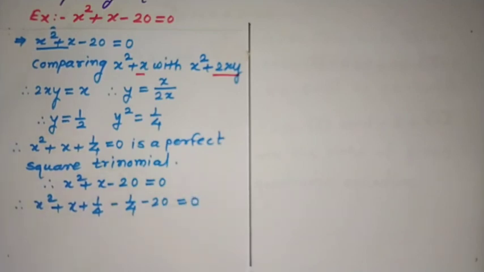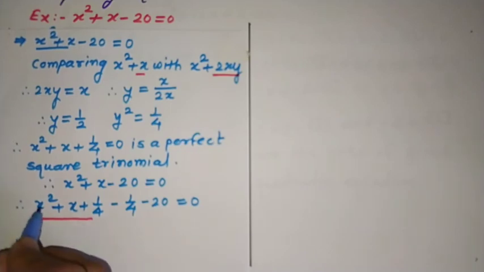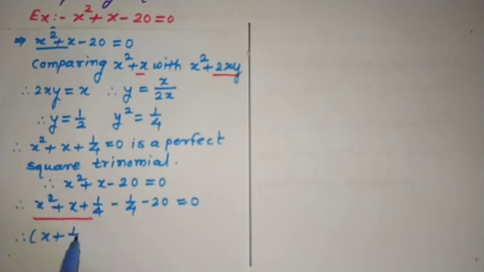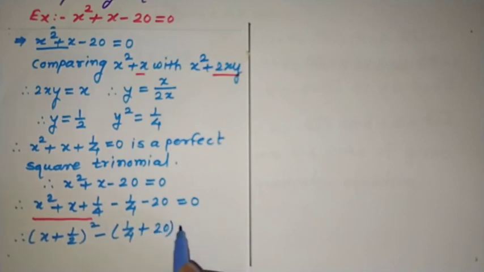Write the first three terms in square form: square root of the first term x, sign of the middle term, and square root of the third term, (1 upon 2) square, minus 1 upon 4 minus 20 is equal to 0.